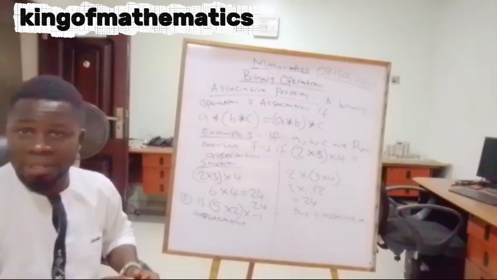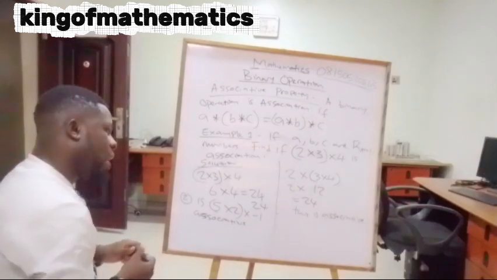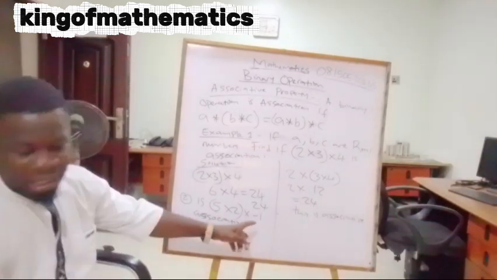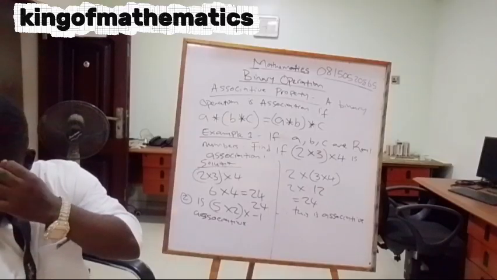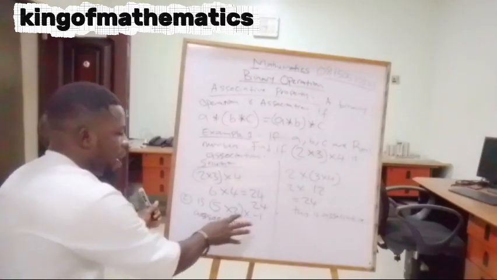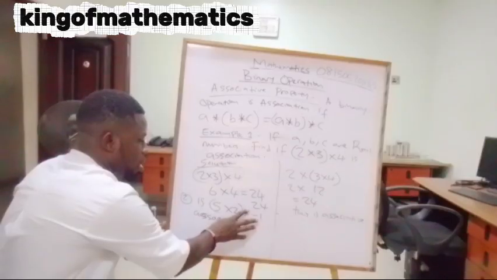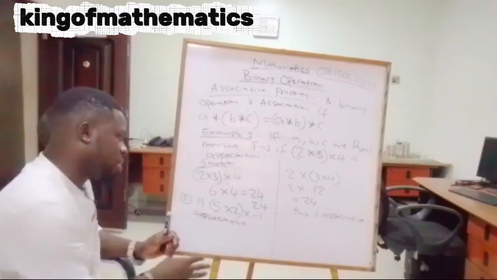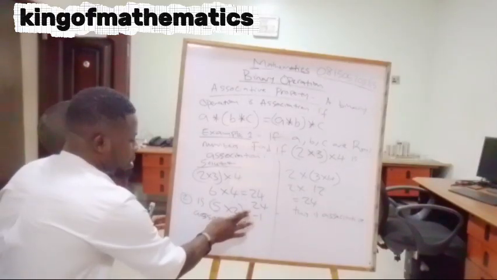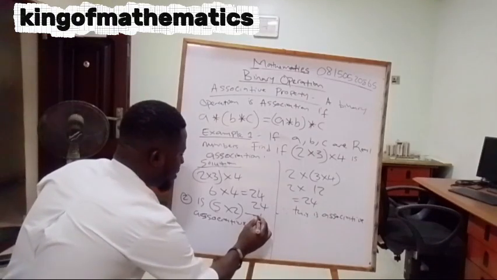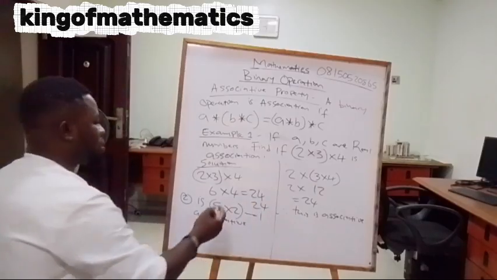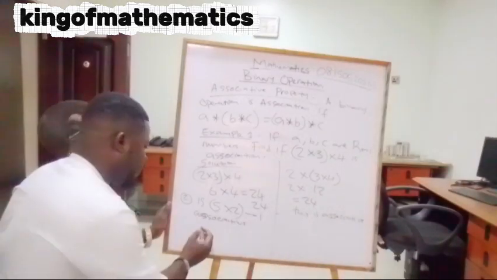Let's see if it's associative. Now, the fact that it is times that is there, it will be associative. But in the case whereby you did not put times, let's say what you have there is 5 times 2 minus 1. In this case, this is not associative, but let's confirm.